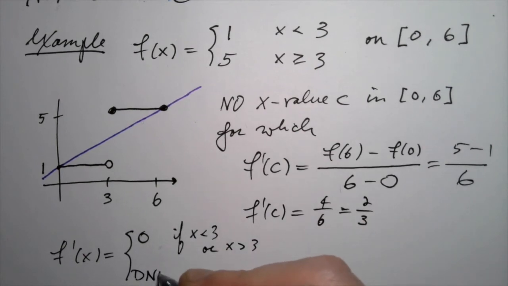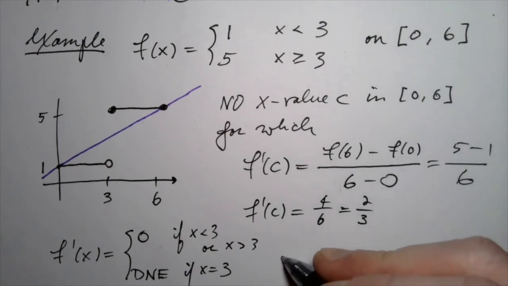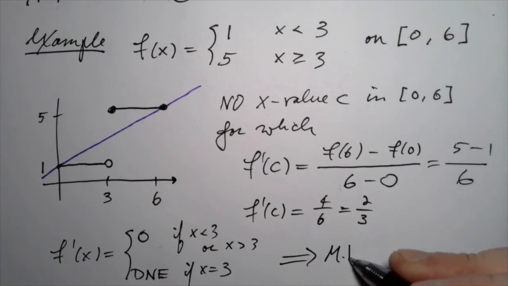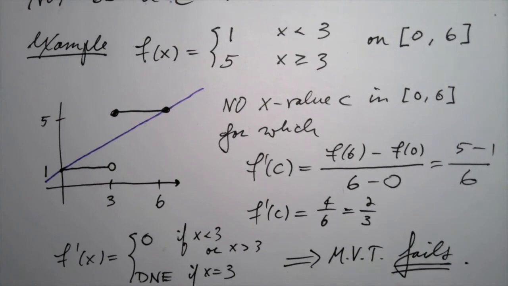And in fact, it does not exist at x equals 3, right? Because of this discontinuity. And regardless, there's no value of this derivative that's going to give you 2/3. It just doesn't work. So the overall point I'm trying to make is that the mean value theorem fails for this example. And the issue is precisely the lack of continuity.